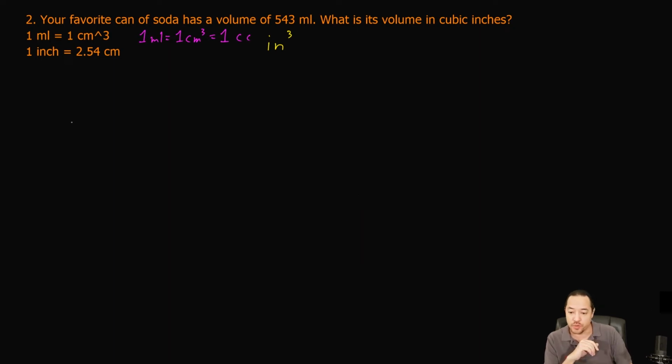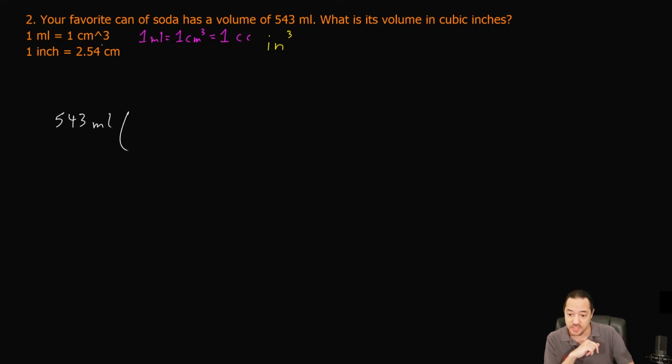So we're starting out with 543 milliliters, and we need to convert that into cubic inches. Okay, let's go ahead and do that. The first thing we want to do here is probably convert it into cubic centimeters. We have this conversion factor here.